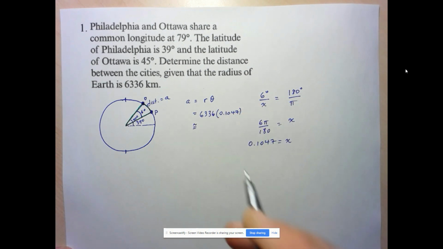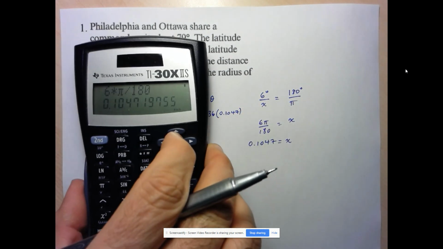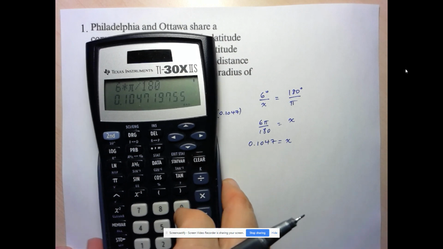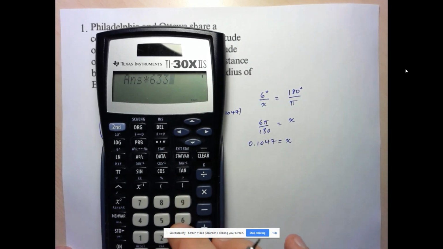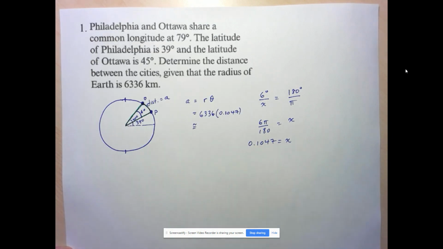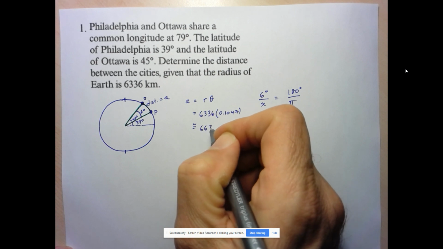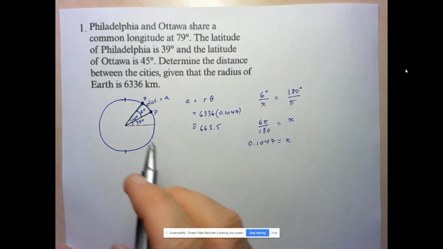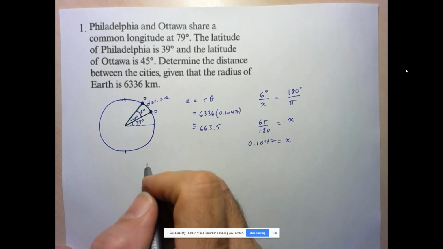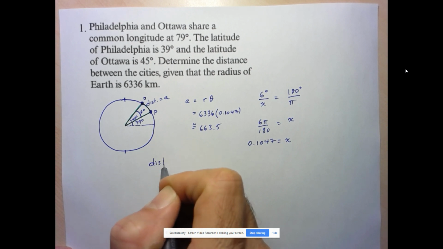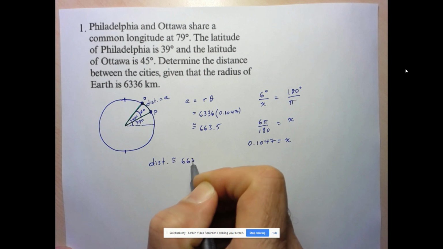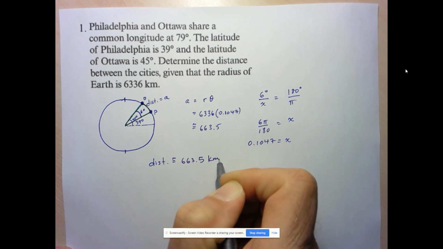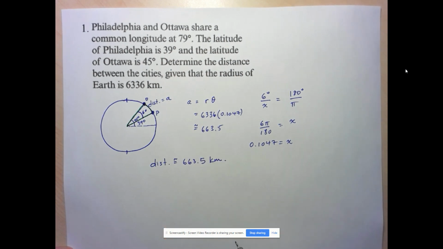And since I still have it on my calculator, we'll be even more precise: 6336 times that, and we have 663.5. So that means the distance between Ottawa and Philadelphia is approximately 663.5 kilometers.